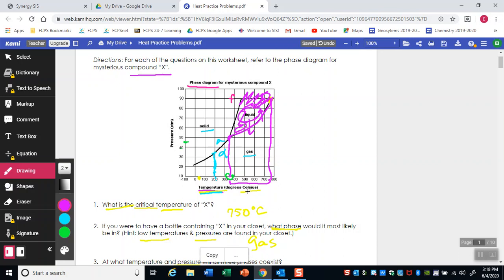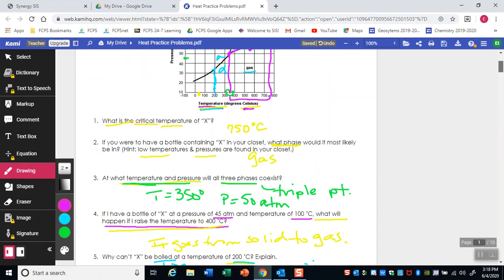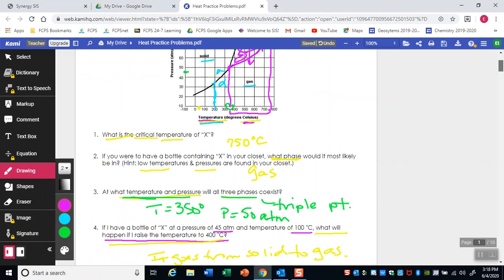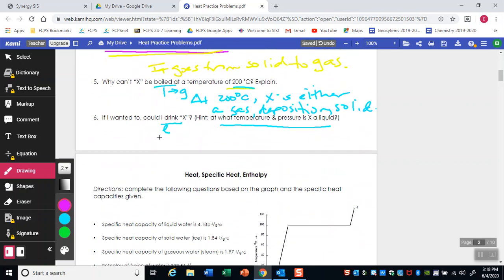Well, can you drink something at this temperature? This is degrees Celsius, even Fahrenheit, right? That's hot. 100 degrees is boiling. So no, because it's a liquid at 350 degrees Celsius to 750 degrees Celsius.